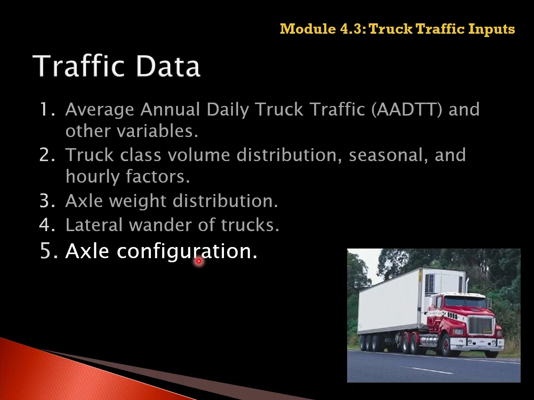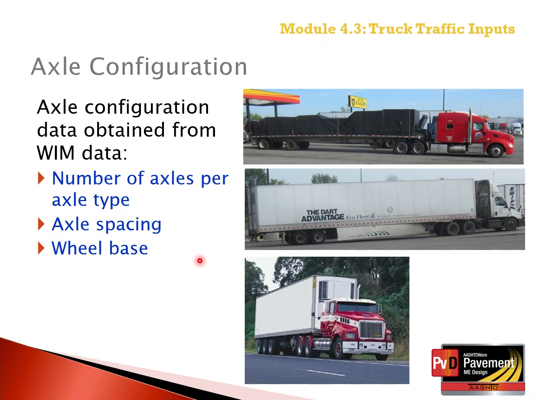Axle configuration. Axle configuration data are obtained from the WIM data, or weigh-in-motion data. This slide shows and lists the truck axle configuration factors that are obtained from the WIM data and used by the Pavement ME software.